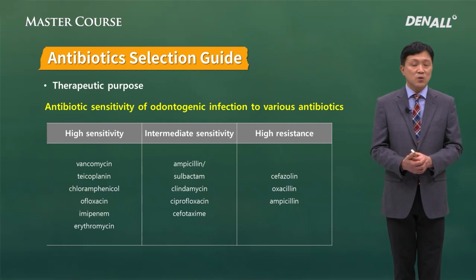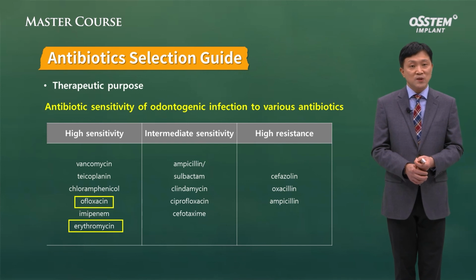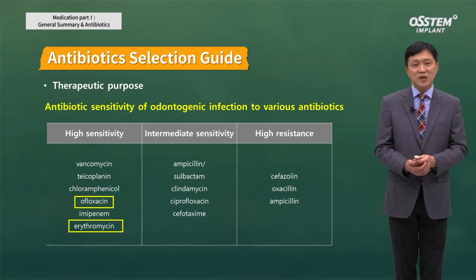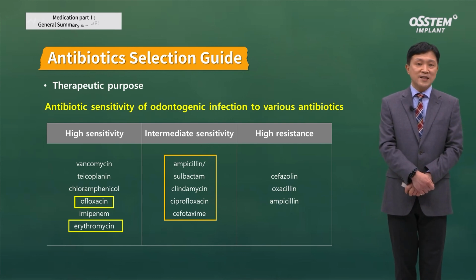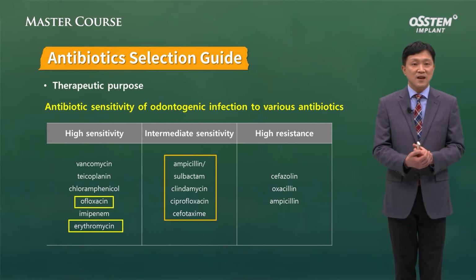So monotherapy antibiotics, actually, ofloxacin and erythromycin are the ones we may use. Vancomycin, teicoplanin, and imipenem are very expensive and we don't have to use them. You can start the antibiotic regimen with intermediate sensitivity.